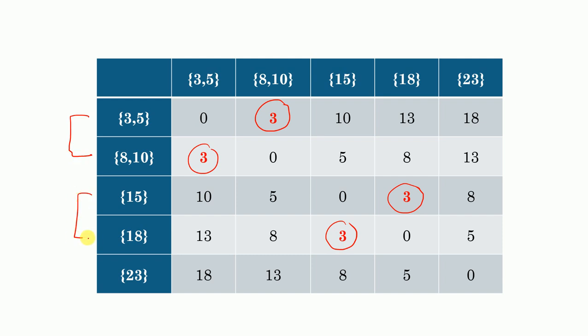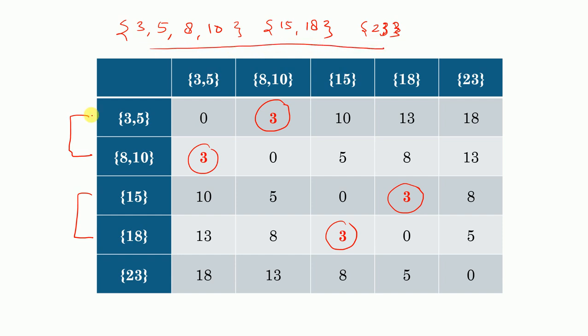These two clusters will be merged. So after this step, the new clusters will be 3 comma 5, 8 comma 10 and 15 comma 18, and finally 23. So these are the clusters after this second step.